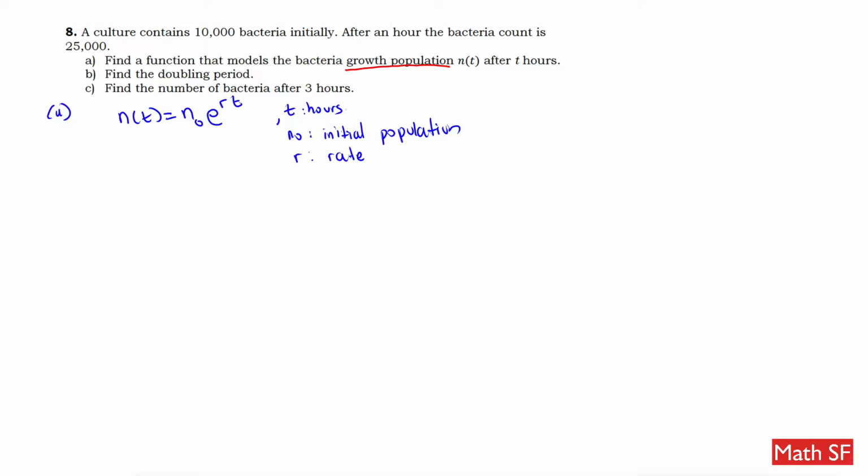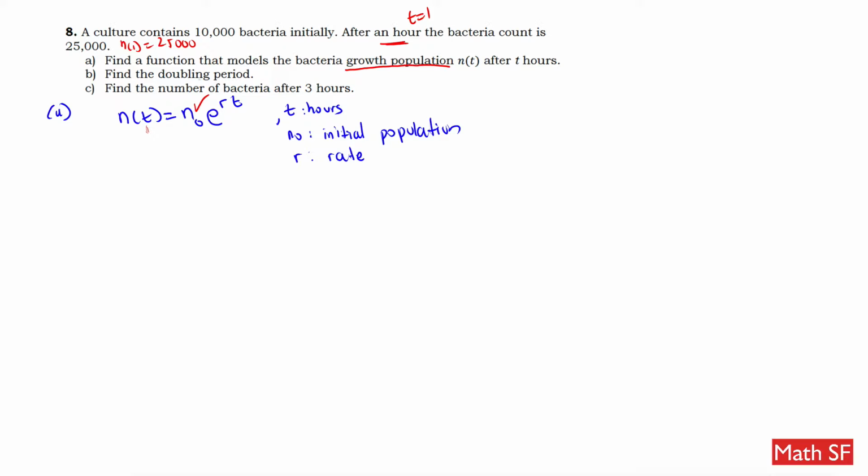Now, they don't give you the hour because the hour is actually the input, like the domain. They give you the initial population. They don't give you the rate, but they give you some information that tells you that after 1 hour, when t equals 1, N of 1 is actually 25,000.